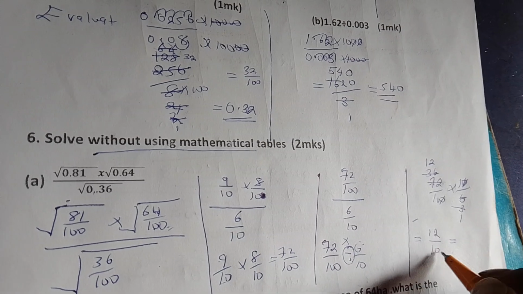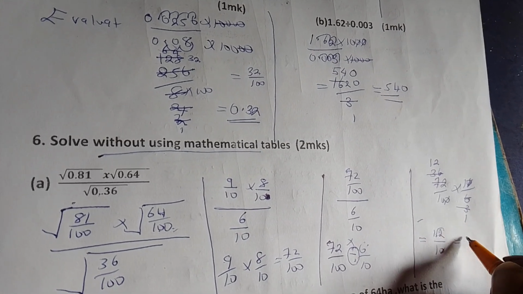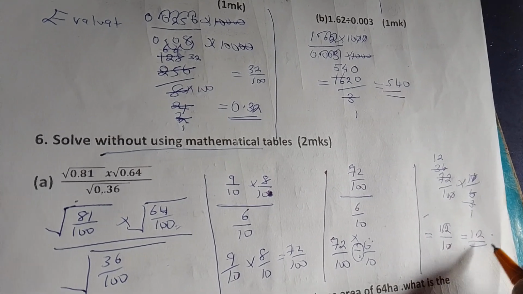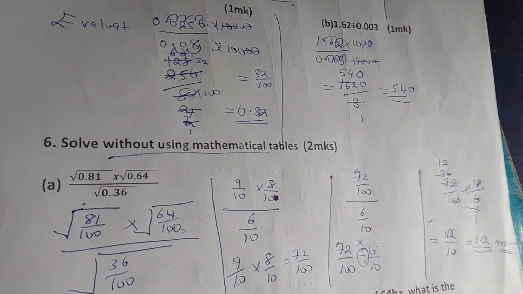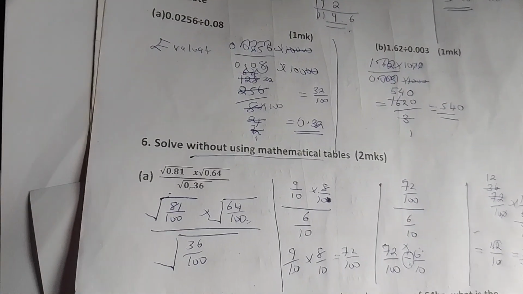That is equivalent to, you just cancel this, you introduce one decimal point, you get the answer as 1.2 in decimal form. So this is the answer. That is the answer.